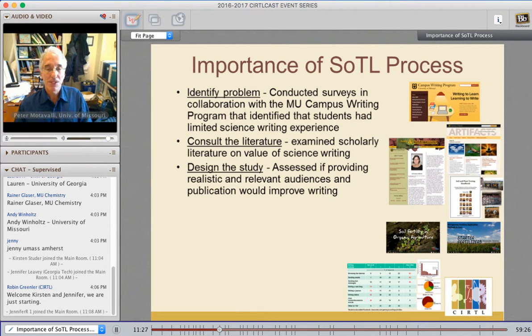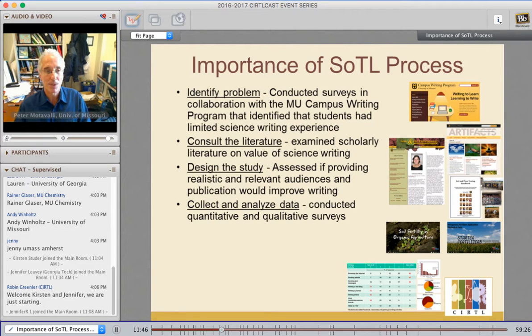So we then need to design the study. In this case, that means coming up with different writing assignments, but having it so that we can test to see whether it works in a very research-oriented way. Also very important is to assess that and have instruments, both quantitative and qualitative evaluations, which help to then see what the impact of the writing assignment is and get some suggestions for improvement.